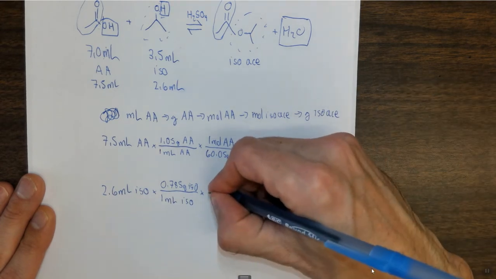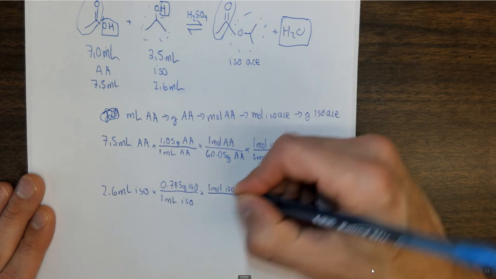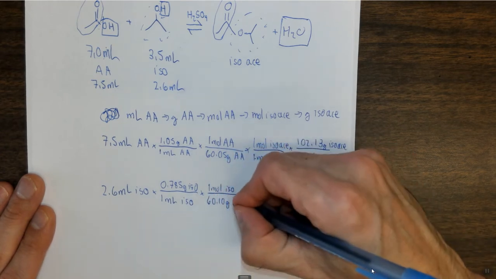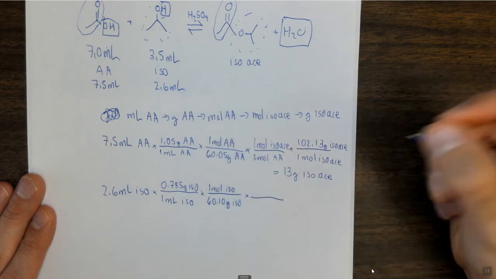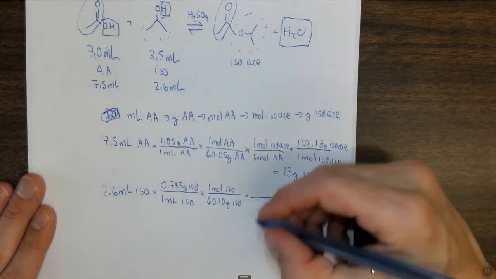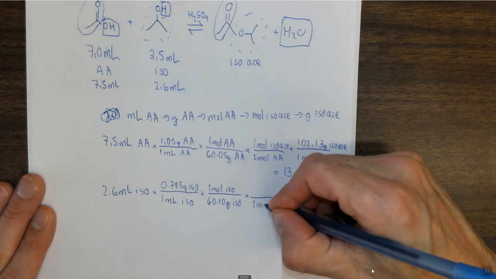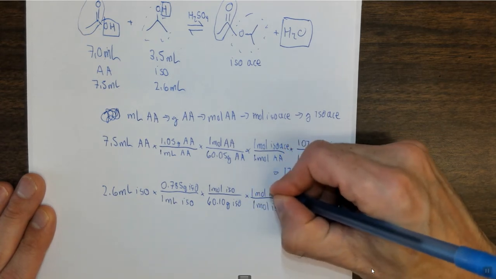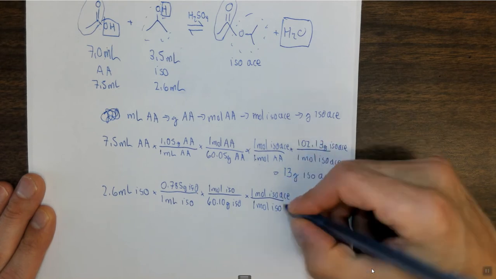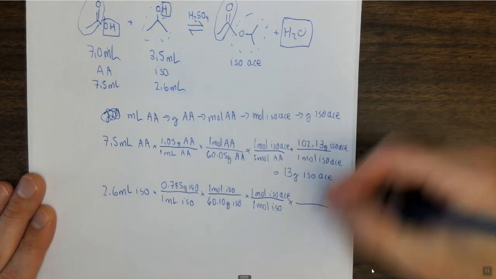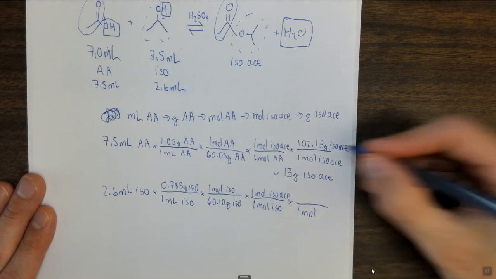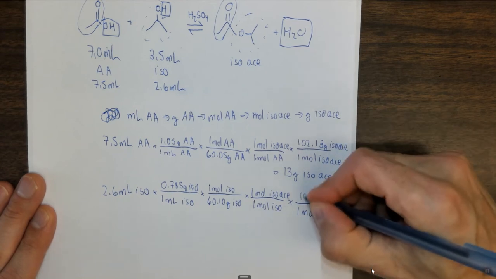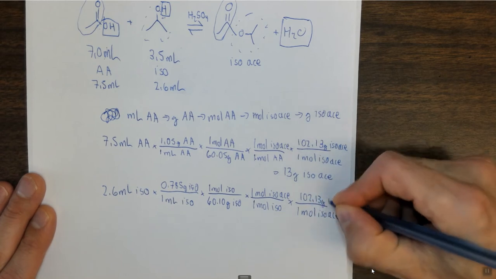It turns out that 1 mole of isopropanol is 60.10 grams of isopropanol. Now I want to convert it to moles of isopropyl acetate. Everything's 1 to 1. So 1 mole of isopropanol gives 1 mole of isopropyl acetate, and the molar mass is the same, so I convert using 1 mole of isopropyl acetate per 102.13 grams of isopropyl acetate.